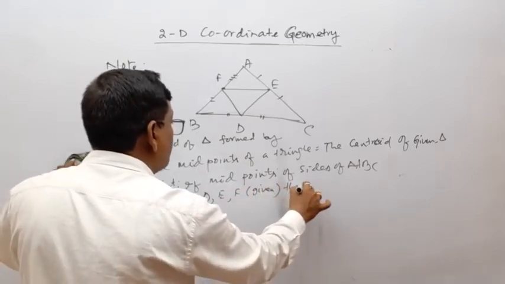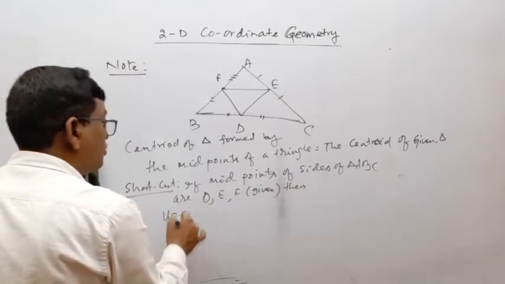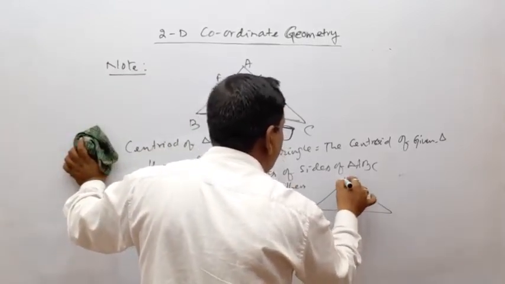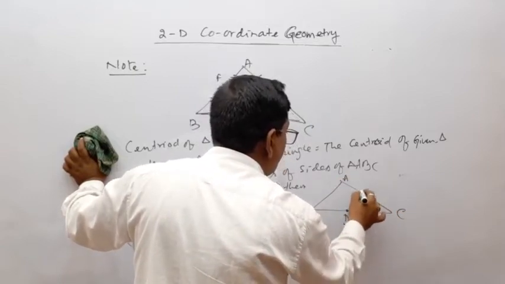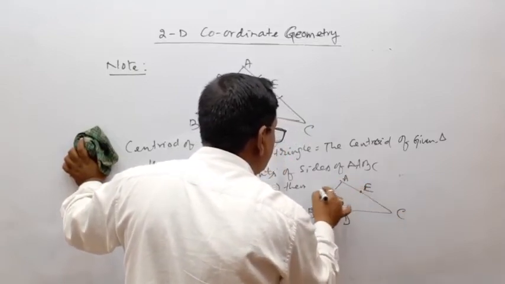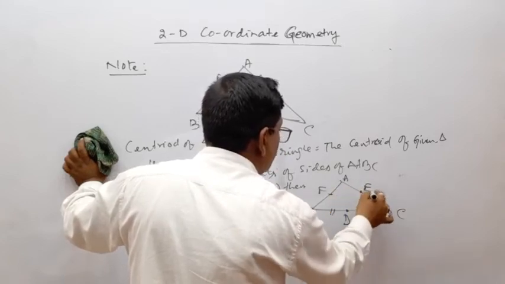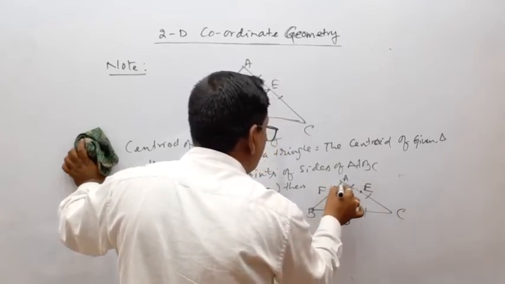then vertex A is equal to... Suppose this is the triangle A, B, C, and this is D, and this is E, and this is F. This is equal to this, this is equal to this, and this is equal to this.